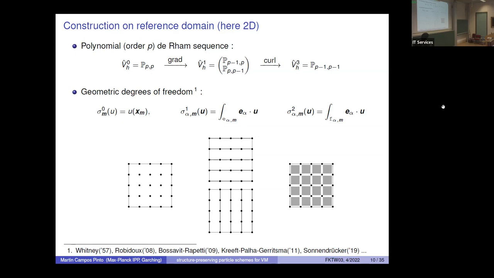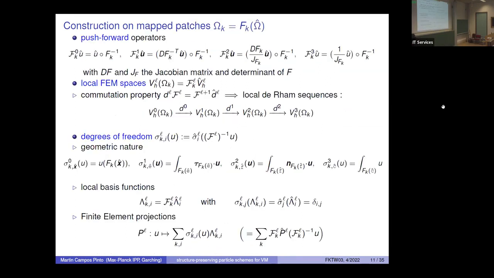And for the last space, here it's in V2, you have 3 spaces. You evaluate the integral on the faces, here on each face. And in 3D, you would have a last set of degrees of freedom where you have evaluations, integrals on small cells. And when you construct these spaces and the degrees of freedom on the mapped patches, you involve these push-forward operators. You have one push-forward operator for every position in the sequence, which you can see as proxy fields for differential forms.